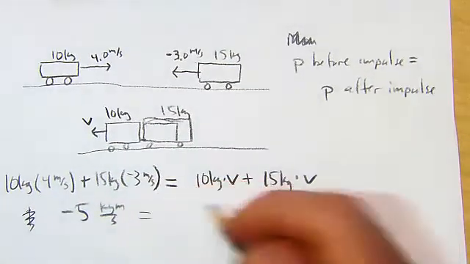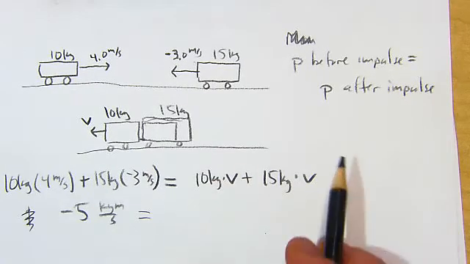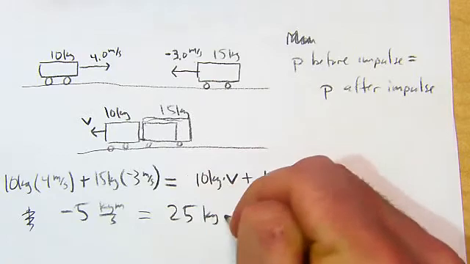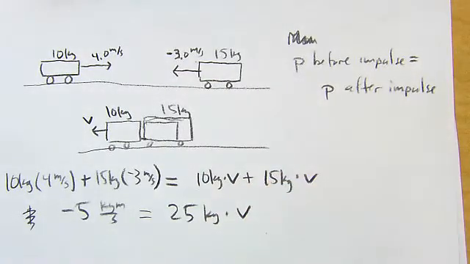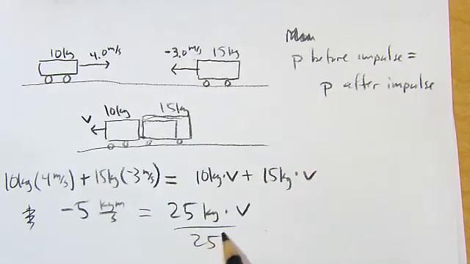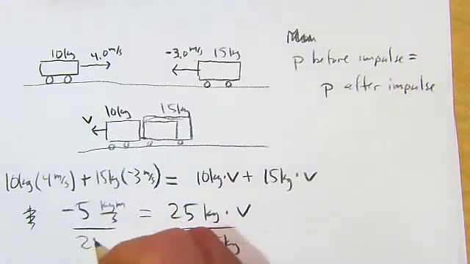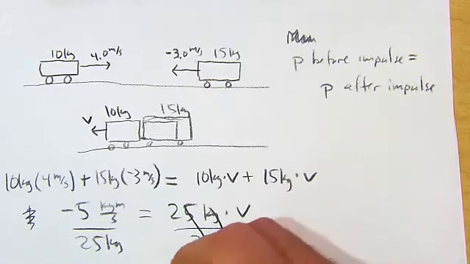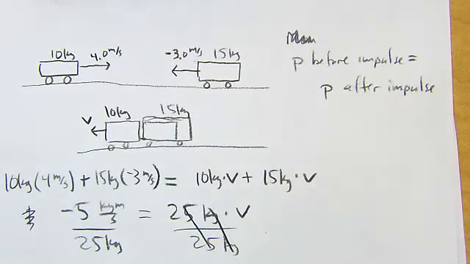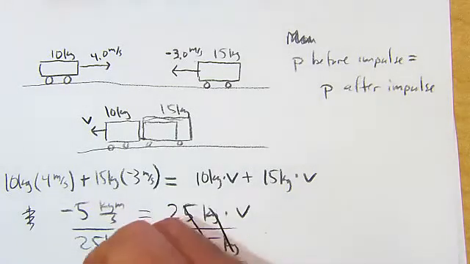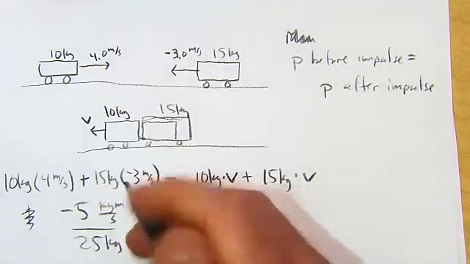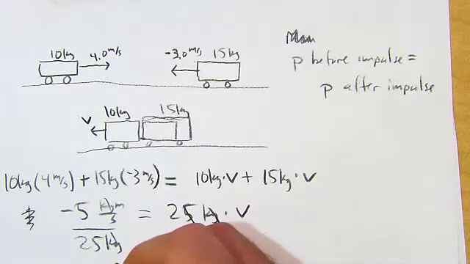And then over here, I've got 10V plus 15V is 25V, right? 25 kilograms times V. Divide each side by 25 kilograms. V equals 1/5 or 0.2. The kilograms cancel, leaving meters per second.